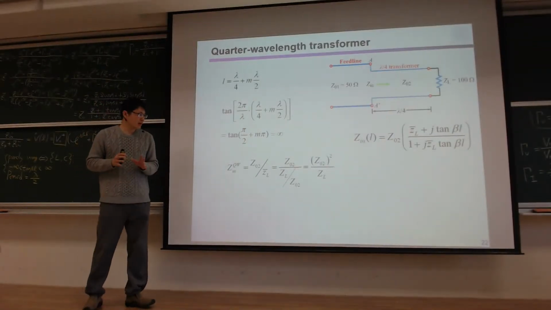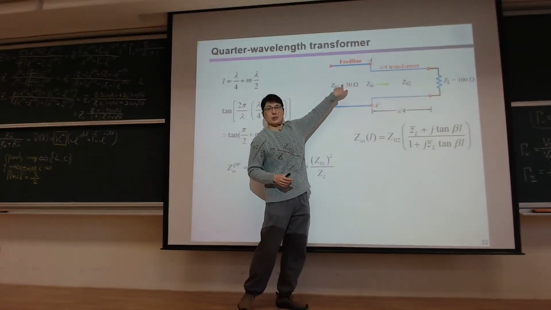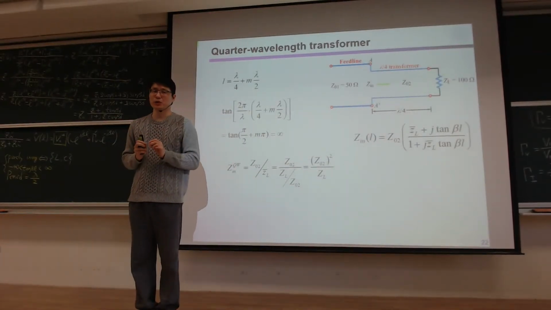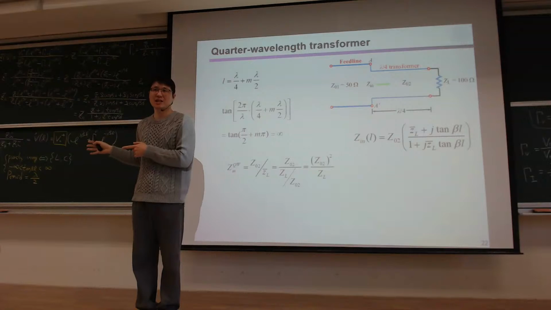So somehow I can say this value is equal to Z01, right? So this is one way to accomplish the so-called impedance matching, which will become our focus for the next class.